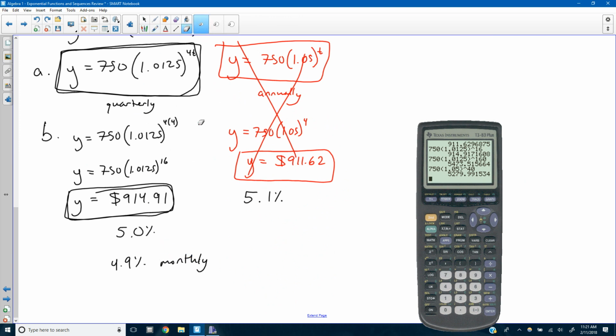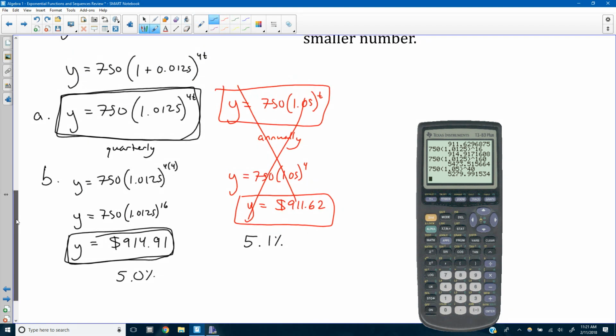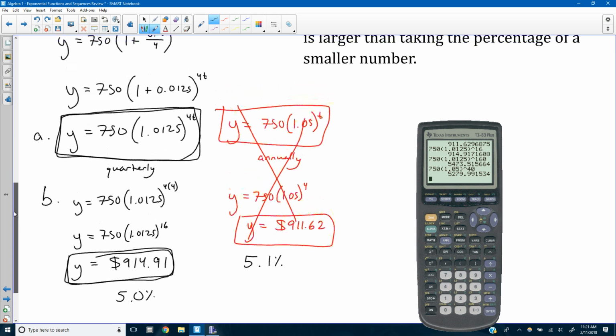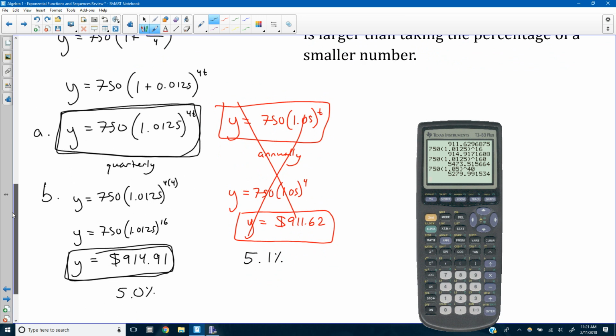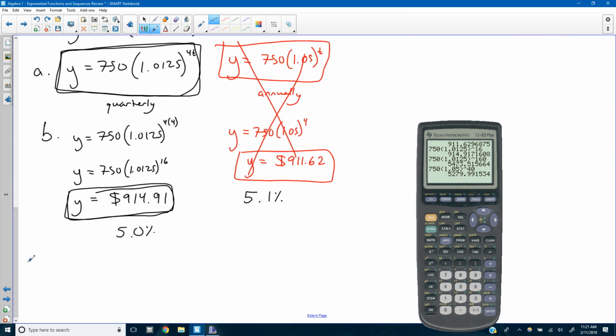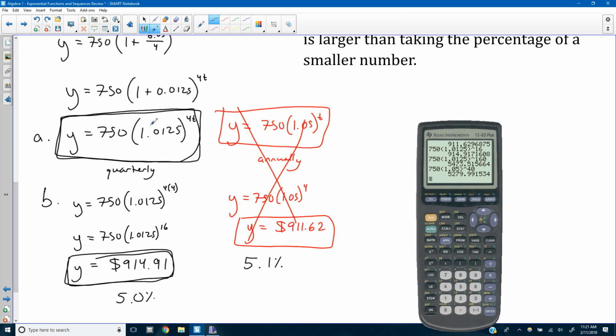Then they'll ask you which one's the best option after 20 years. And maybe one's not a good option after 1 year, but it's a better option after 20 years. You just got to weigh it out and calculate it. So it literally is a real world problem when you do that. But anyway, that's the answer there, $914.91, and there's the model for part A. This stuff was just to get it started.